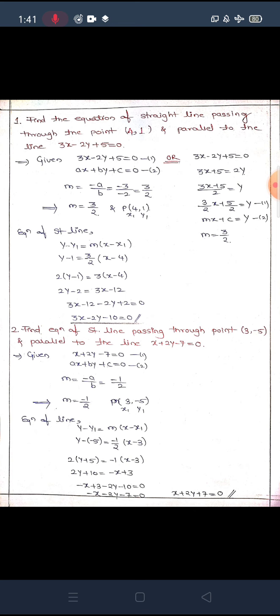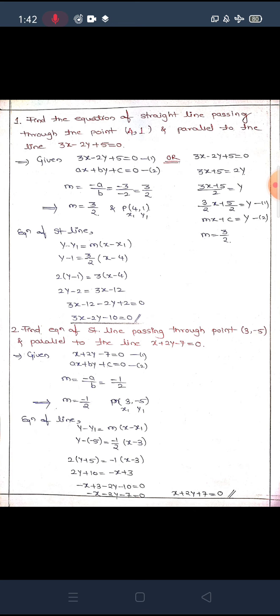So what do you get? 3x minus 12 minus 2y plus 2 is equal to 0, because we take all terms to one side. So that is 3x minus 2y minus 10 is equal to 0. This is the equation of the straight line which is parallel to the given line.